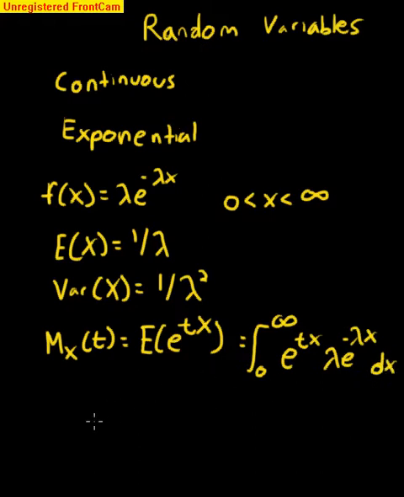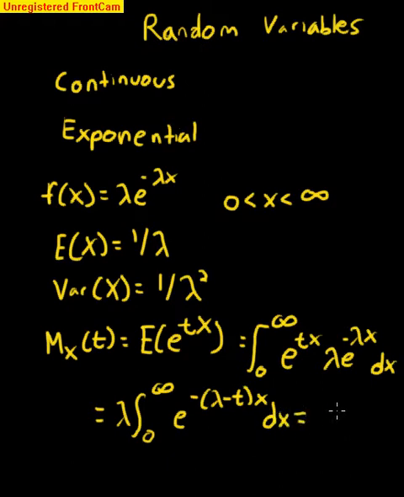We have lambda from 0 to infinity, e to the negative lambda minus t times x dx.